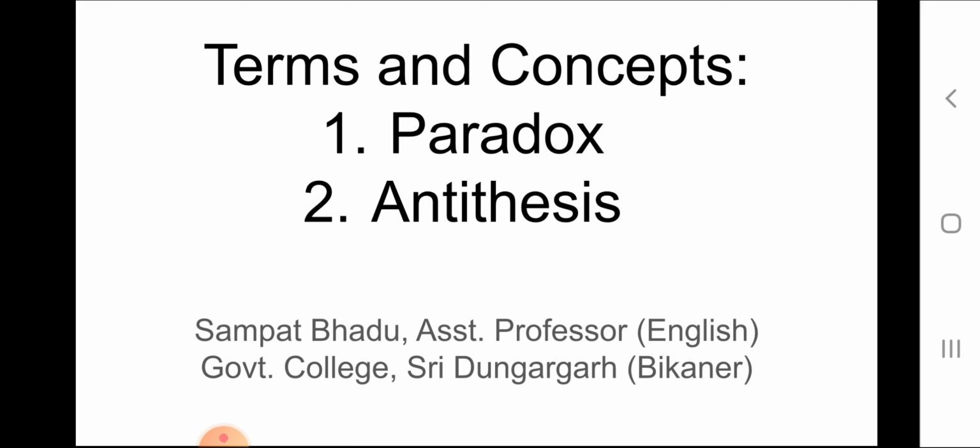It means, on the surface, the statement or the group of ideas or phrases appears to be logically contradictory, but it has a hidden truth behind it. It's a frequent component of verbal wit. The Irish writer Oscar Wilde was particularly noted for his use of paradoxes.